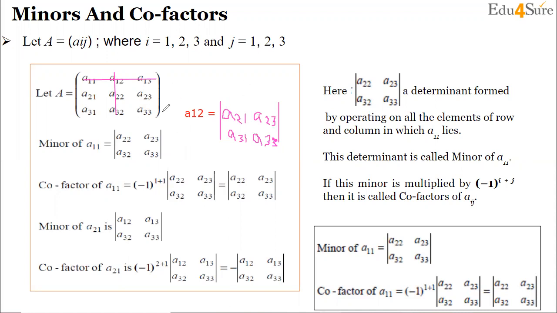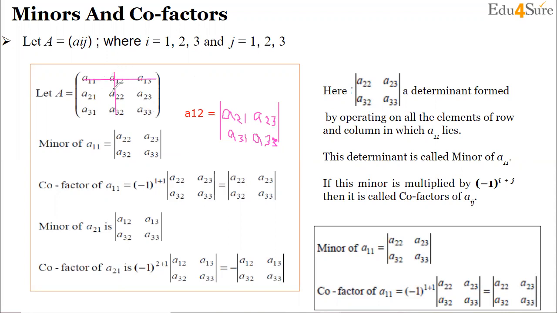As I said, for A12 the minor will be this part, and how do we obtain it? Just by hiding that row and column where A12 is occurring.